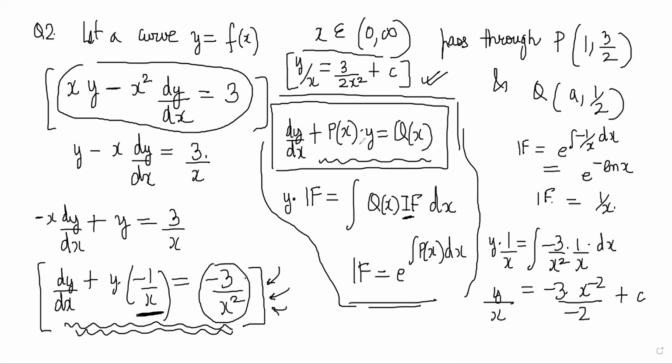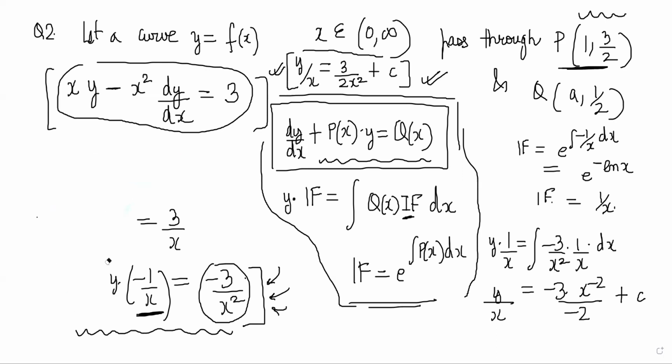For now, we have solved the differential equation, gotten y in terms of x, but we have still not found the constant of integration. How do we find that? We find that by putting P as a point on the curve. P, or 1 comma 3 by 2, is a point on the curve. Therefore, it will satisfy this curve equation.